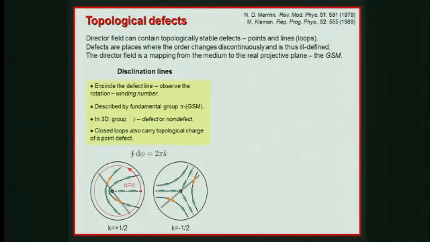However, we can have different configurations of such defect lines. Here you can see that you can have plus 1/2 or minus 1/2 defects, which are topologically the same, but because of energetic reasons and constraints induced by confinement, they appear separately in different systems.